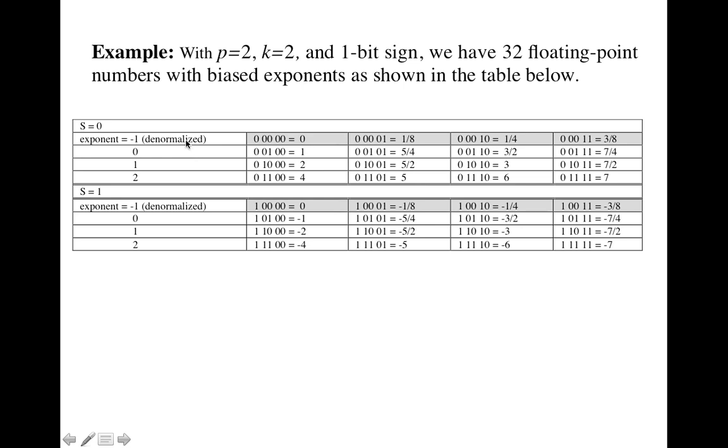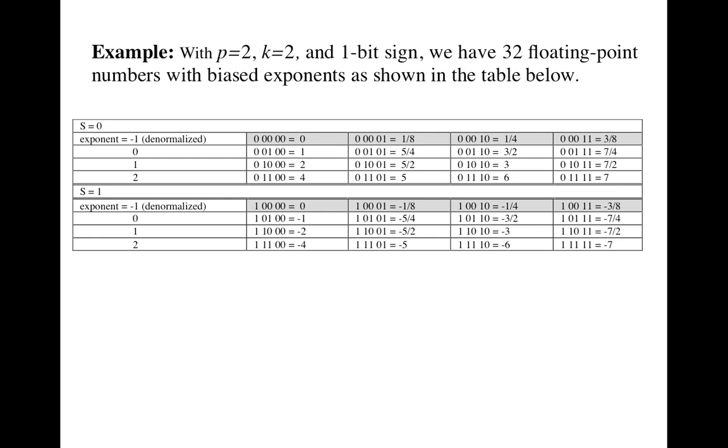The denormalized numbers are the ones with which we identify the least exponent. So when the exponent has its least value, that is the most negative value, then we assume that the floating point number is denormalized, and therefore we really have a 0 in the so-called hidden bit position. Now in this case we're looking at a 2-bit representation. So with 2 bits we really have 00, 01, 10, and 11.